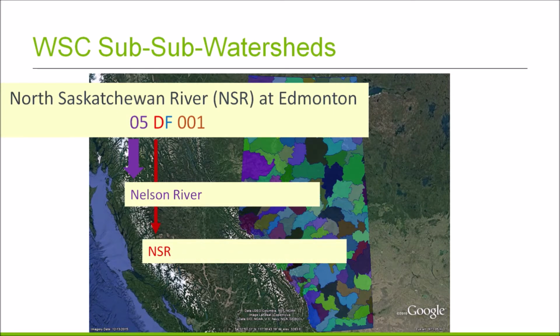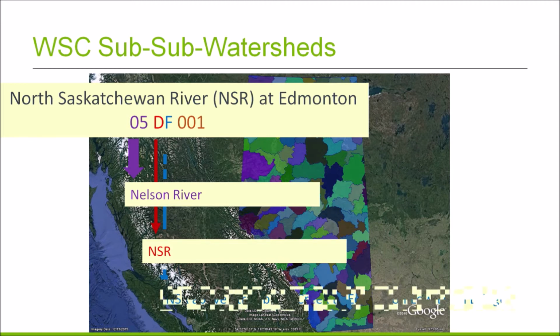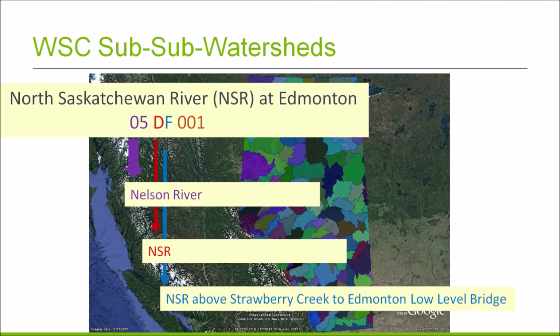D comes from the North Saskatchewan River, so it's the code of the North Saskatchewan River under the Nelson River System. F comes from a sub-watershed within the North Saskatchewan River watershed, which is from Strawberry Creek to Edmonton Low Level Bridge. And then the next 3 digits are just a station identification number.